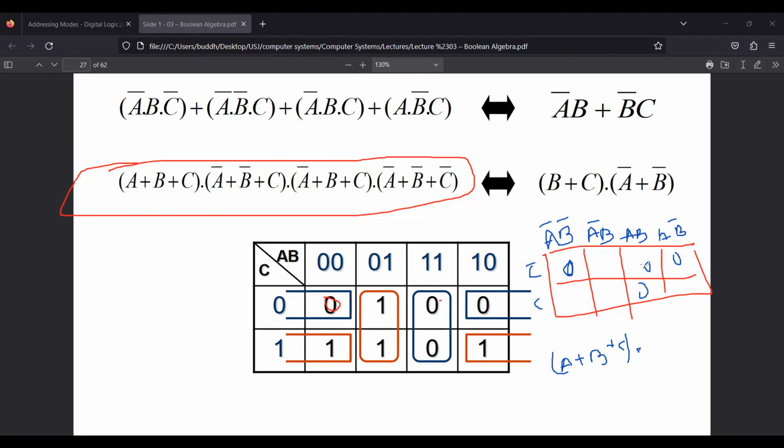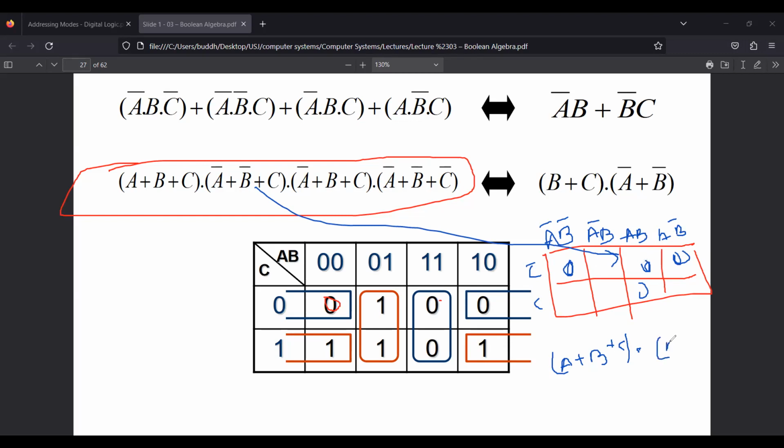Likewise, this 0 represents A bar plus B bar plus C. This one, right? And this particular 0 represents A bar plus B plus, since it is C bar, it should be C.